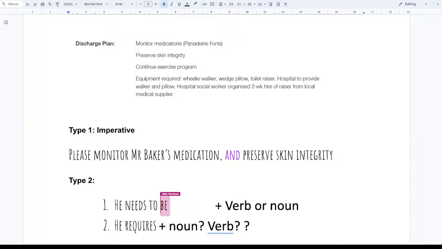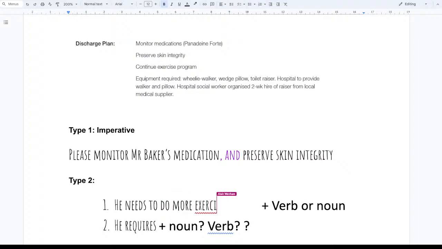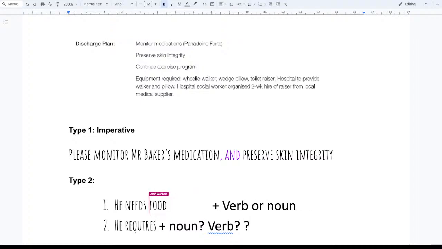Or he needs to do more exercise. This is a verb, to do, right? But I can also say he needs more food, or he needs food. This is a noun. So with this structure, you're going to have subject plus needs plus verb or noun.